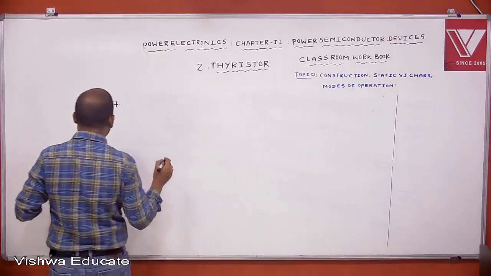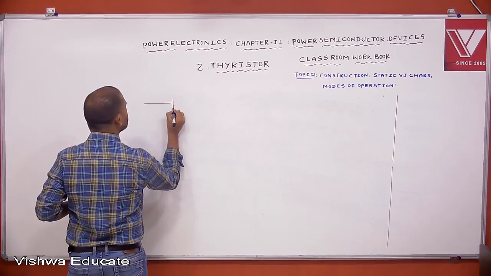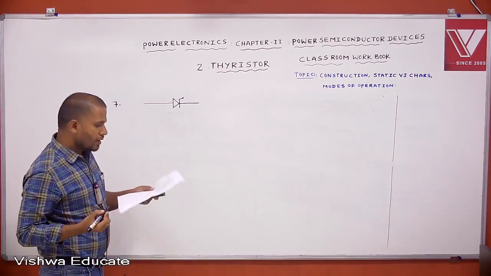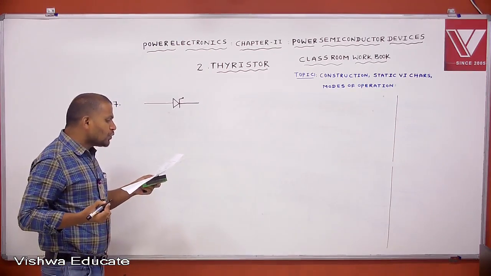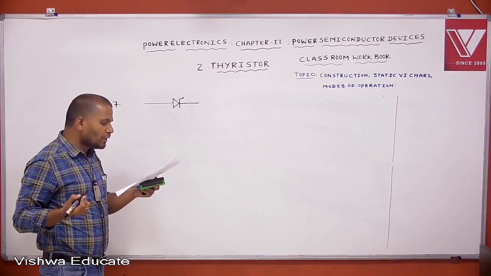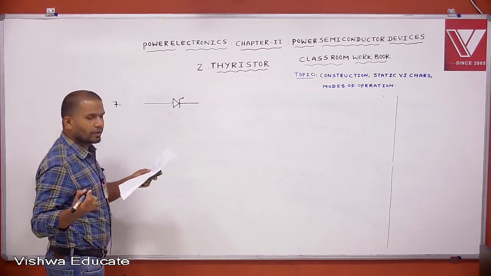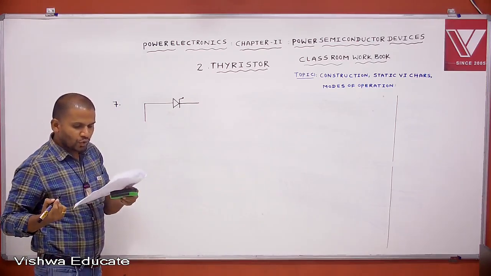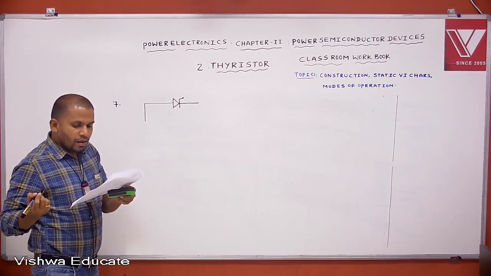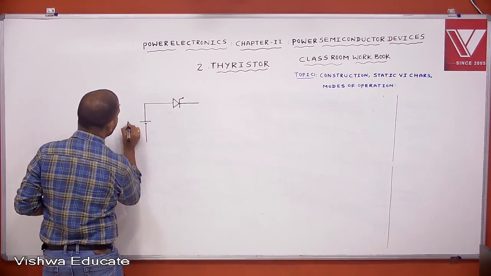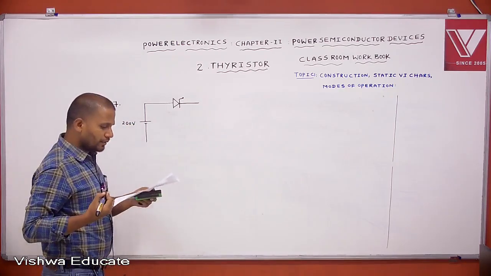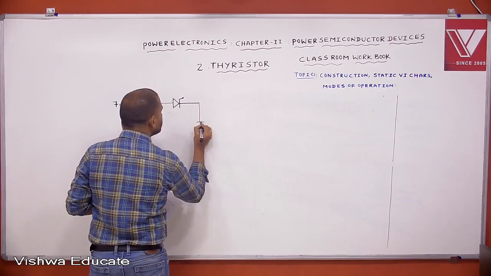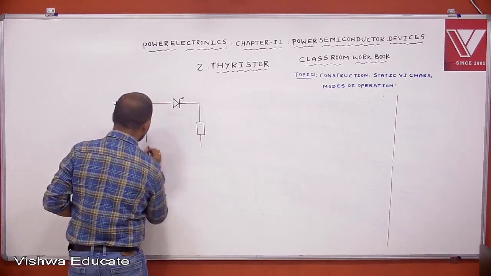Say this one. A thyristor is connected in between a DC source voltage of 200 volts, and this is some load connected in between.